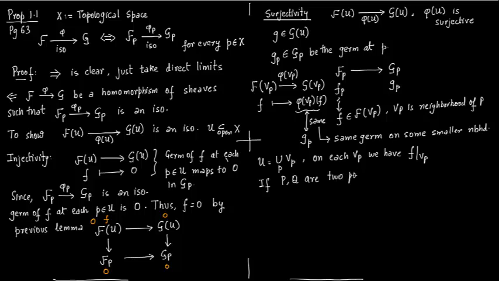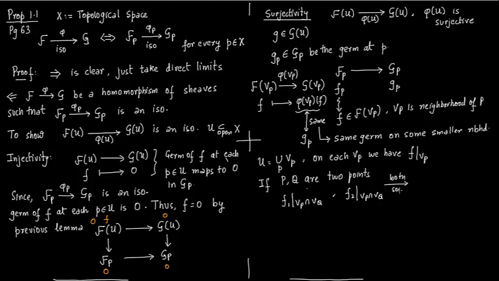So if p and q are two points, then you talk about, say, a function f1, which is just the germ of f at p, but in a smaller neighborhood, V_p intersection V_q. And f2 is the germ of f at point q, again in the small neighborhood V_p intersection V_q.